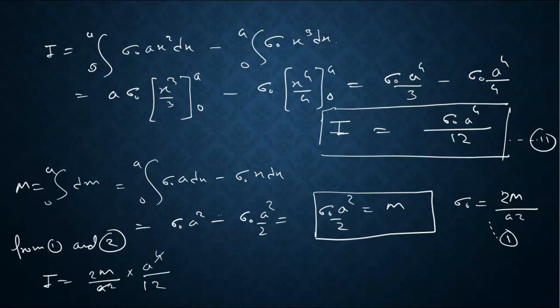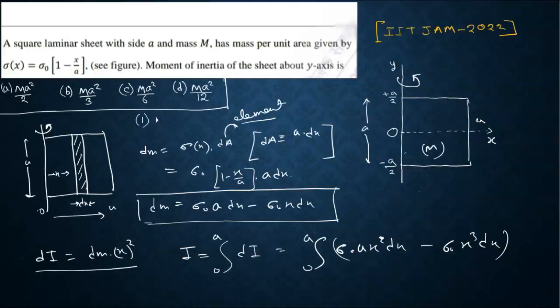Now a square cancels with a to the 4, leaving a square in the numerator, and 2 cancels with 12, giving 6. So I equals m a square by 6. That is our final answer, so option C is correct.